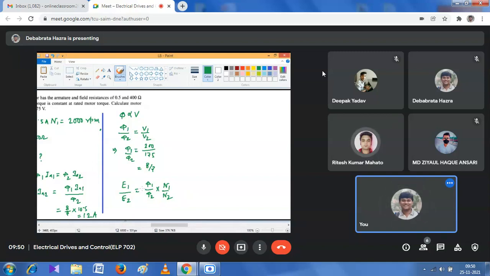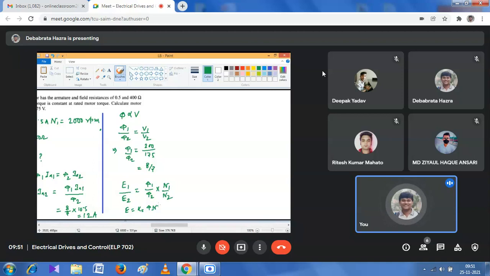Can we write like that, sir? We know for a shunt motor the equation is E1 by E2 is equal to phi1 by phi2 into N1 by N2, because this is actually coming from E is equal to a constant into phi into n, and this n also can be replaced by omega.